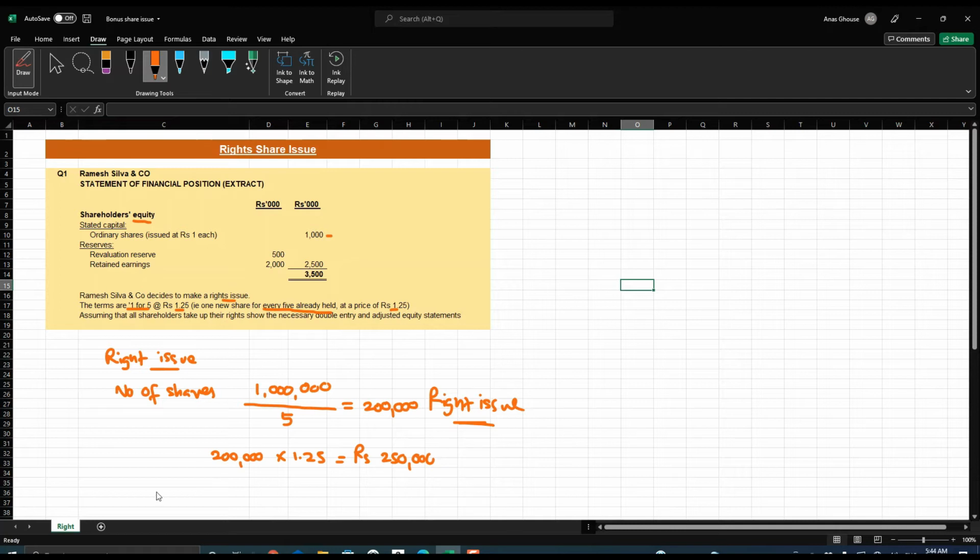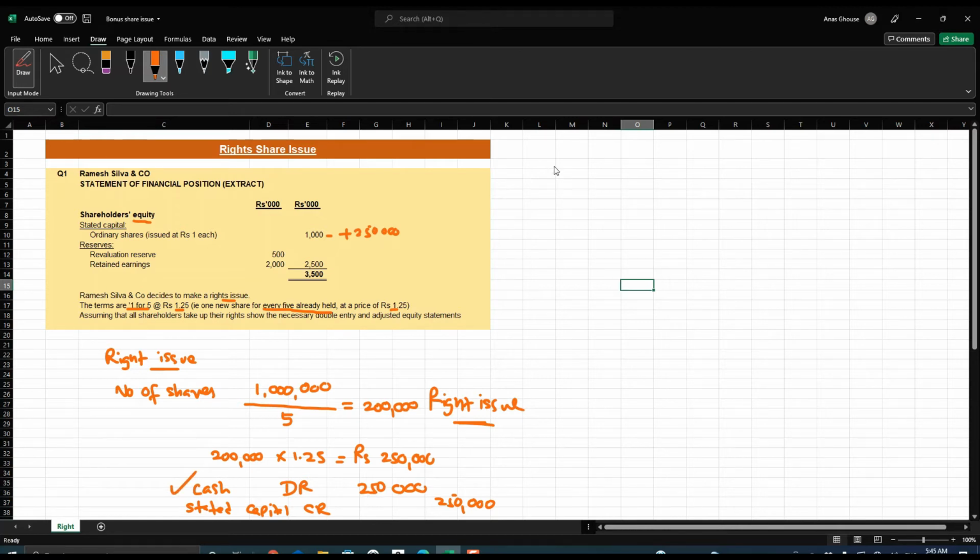So the cash or the bank will be debited by 250,000, and you need to credit the stated capital by 250,000. So as a result, the stated capital will increase by 250,000, and cash will increase by 250,000.